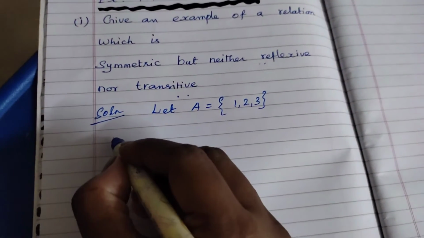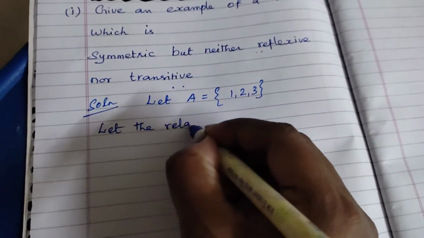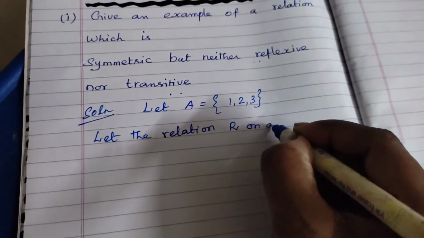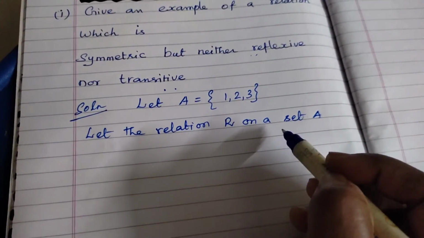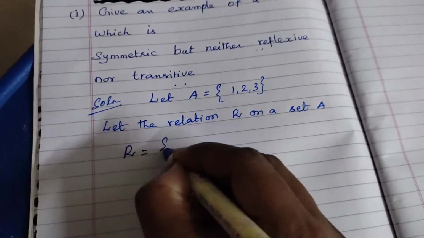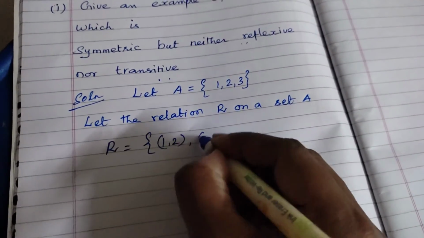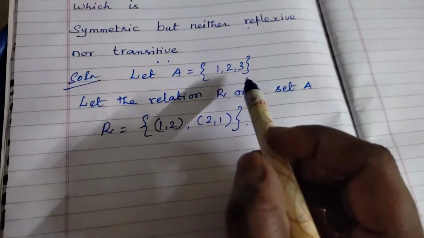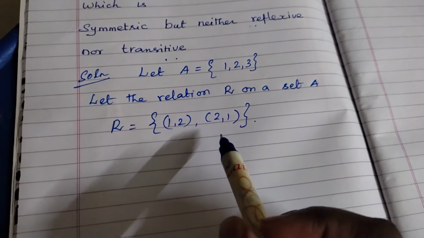Let the relation R on the set A be R equal to {(1, 2), (2, 1)}. This is the relation here. A equal to {1, 2, 3}, relation R is equal to {(1, 2), (2, 1)}.